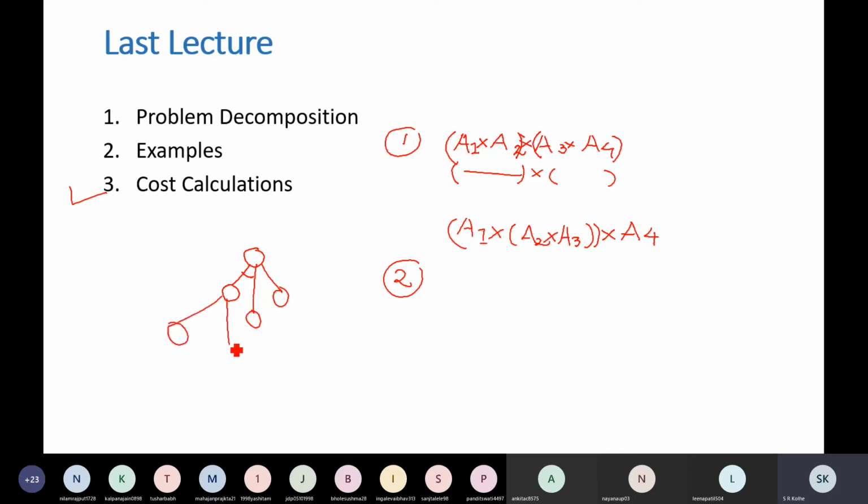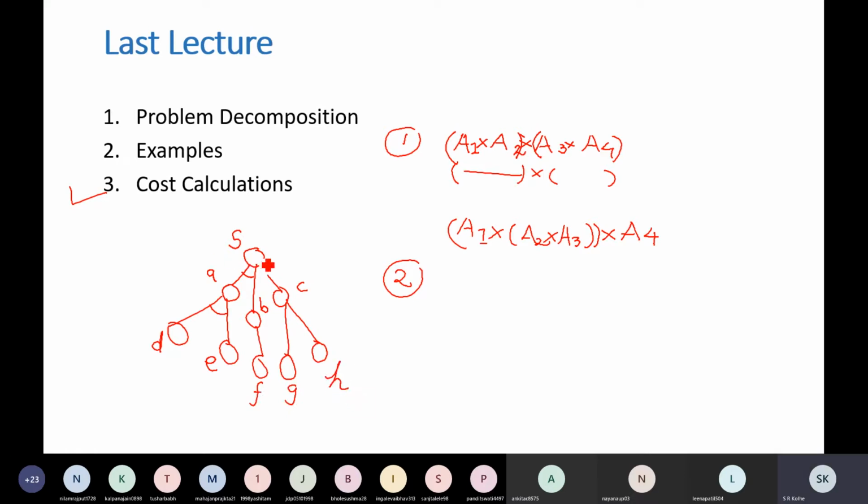For example, if suppose the search space is something like this, then there are several ways you can reach to the goal from this starting state S. So what this graph tells us, suppose I name all those nodes, successors of S are A, B, C, successors of A are D and E, of B is F, of C are G and H.